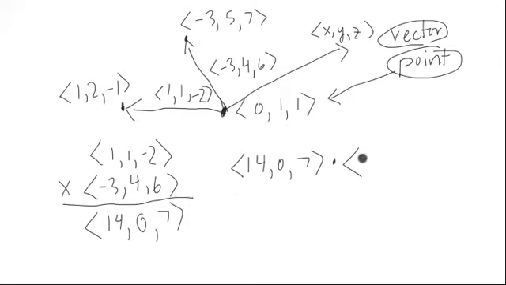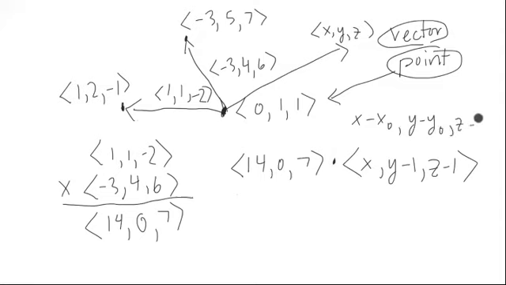So we have x minus 0, y minus 1, and z minus 1. Notice this always takes the form x minus the x coordinate of our point, y minus the y coordinate of our point, and z minus the z coordinate of our point, where our point of choosing was 0, 1, 1. And we just take the dot product of those, set it equal to 0, and there's your equation of the plane.